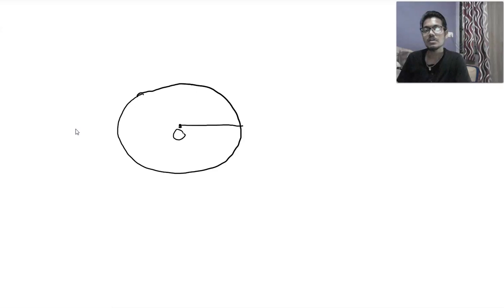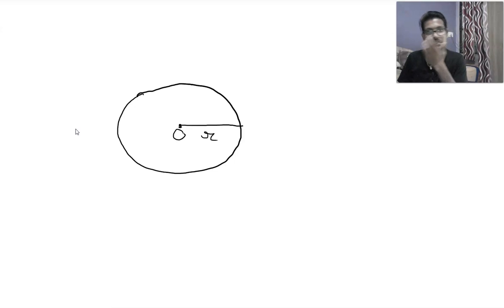A locus is a point on a plane which moves in such a way that its distance from a fixed point is always the same, and the fixed distance is called the radius r.